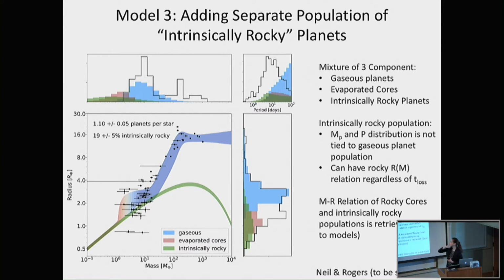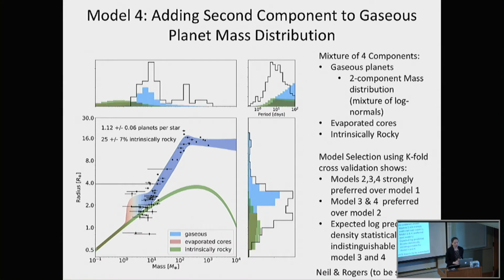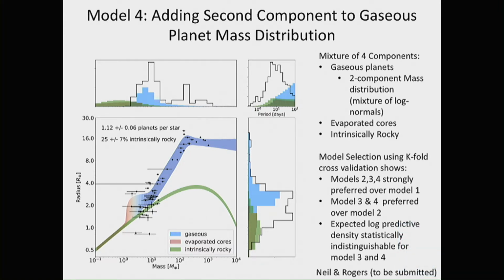The intrinsically rocky planet population is shown here in green, and we do retrieve an occurrence rate for that population that is inconsistent with 0. Finally, we explore adding a bit more complexity in the mass distribution of our gaseous planet population, allowing for not just a single log-normal distribution, but a mixture of normals to give the model a bit more flexibility in that realm.